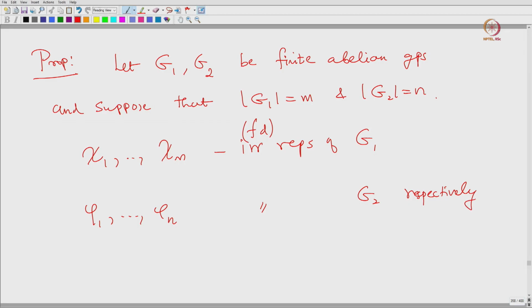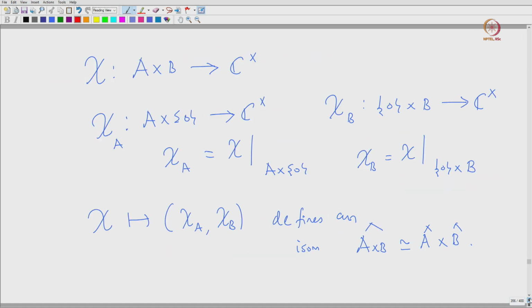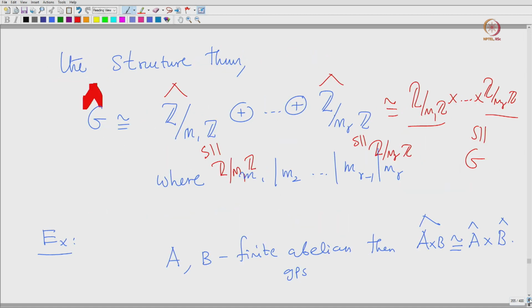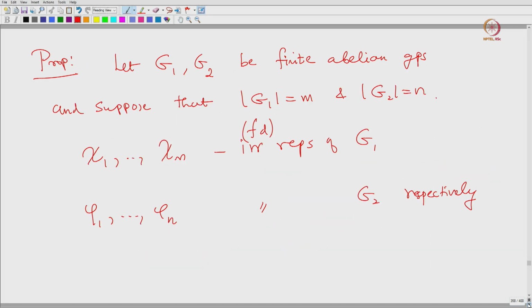Now we are interested in creating irreducible representations of the product G1 cross G2. It is all hidden in the isomorphism that we have established here, but I am just writing it very explicitly. We already know that there should be exactly m times n irreducible representations of G1 cross G2, so we will directly define them.